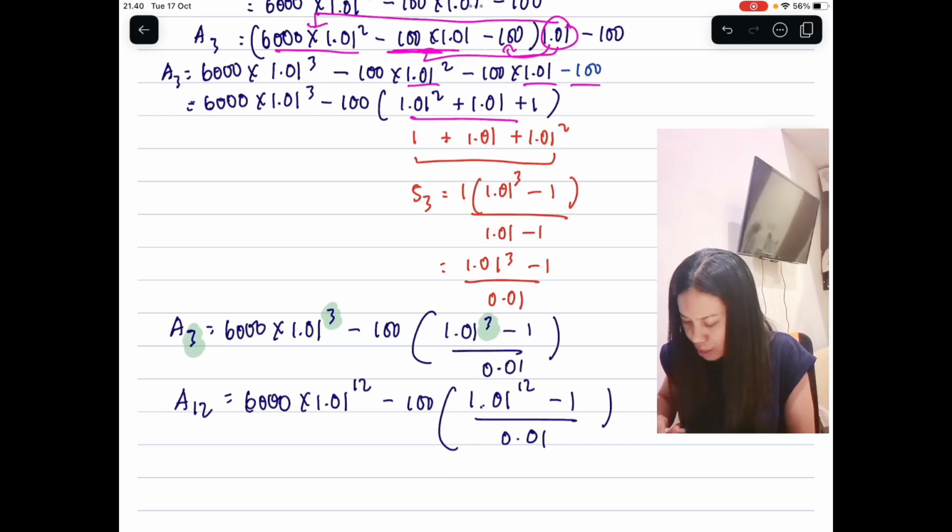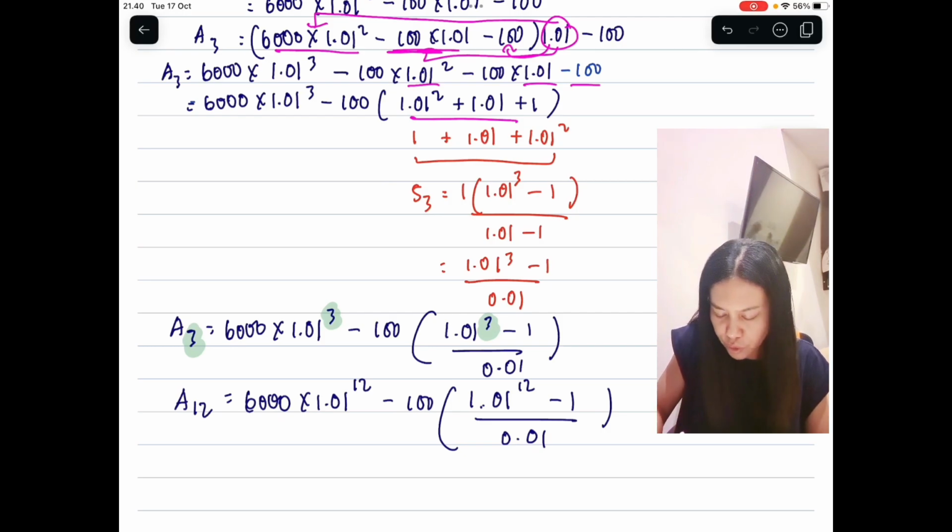I'm going to do 6,000 times 1.01 to the power 12, minus 100 multiplied by, inside the bracket, 1.01 to the power 12 minus 1 over 0.01. Okay, let's see.